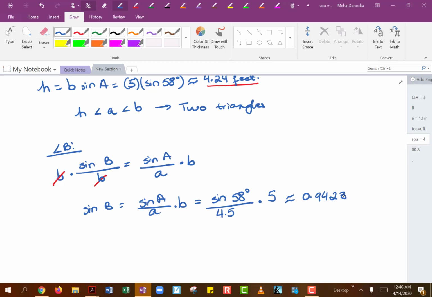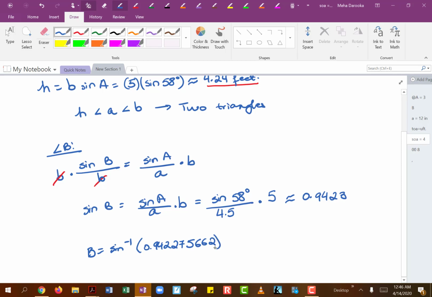Again, it's going to be the same thing. You will be able to find two angles which would satisfy this condition. So angle B is sine inverse, but I'm going to leave all my decimal places here because I don't want to use a rounded answer.